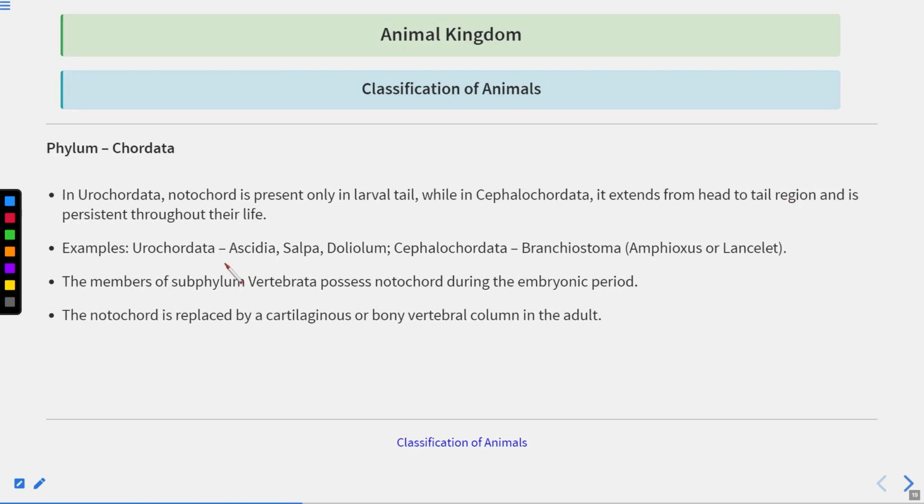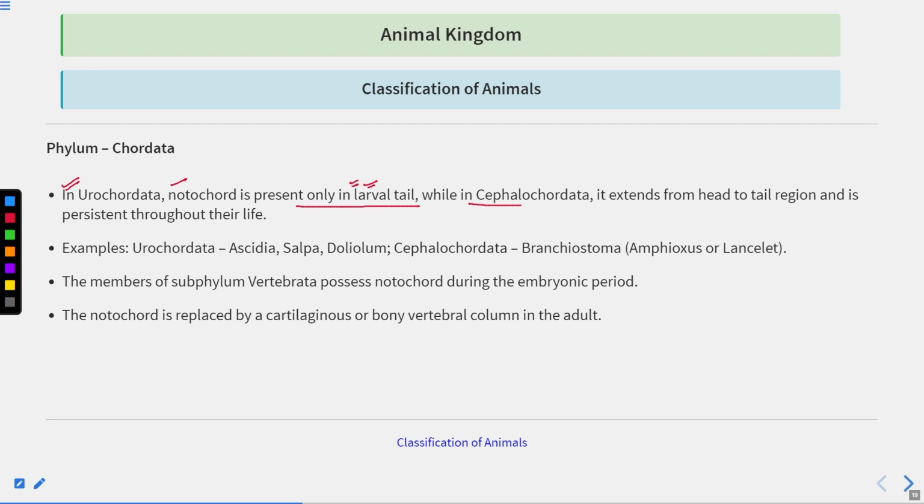In Urochordata, the notochord is present only in the larval tail. This is again a very unique feature. The notochord is present only in the larval tail region, not in the adult organism.